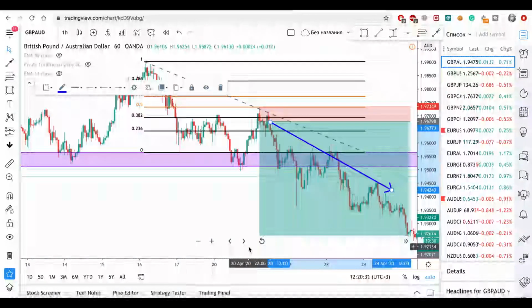And boom, price turning down, around 400 pips.